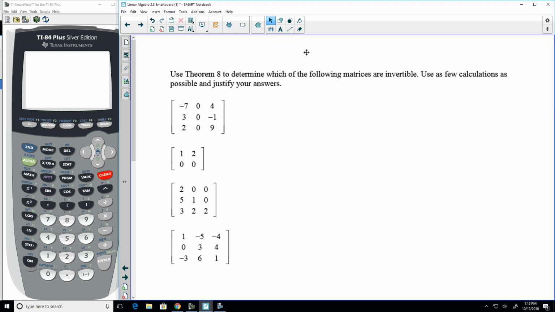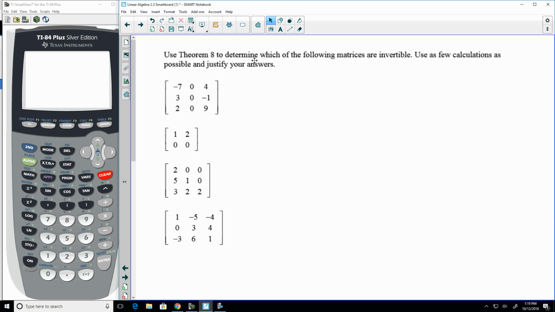So the next one says use Theorem 8 to determine which of the following matrices are invertible. And it says use as few calculations as possible and justify your answers. So is the first matrix invertible?